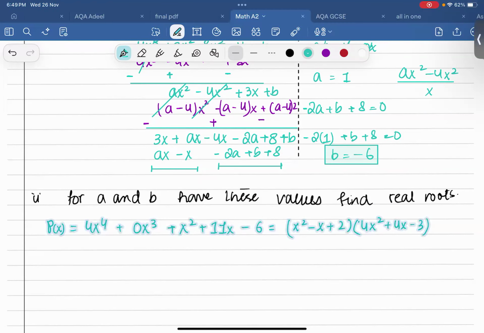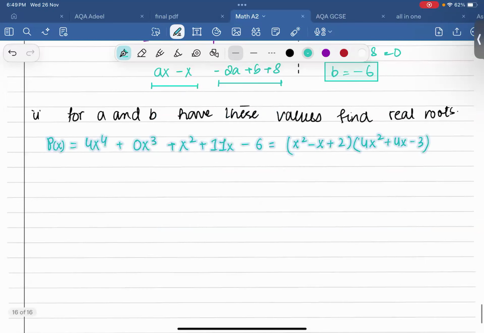So 4, 4, negative 3, 1 over 2 and 3 upon 2. Okay, so the real root is x equals negative 3 over 2.